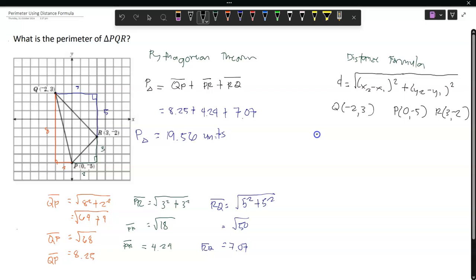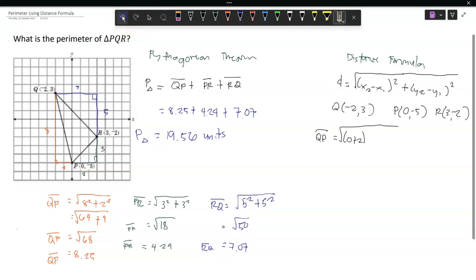So the distance QP is given by, I'm going to take 0 minus 2, squared. Maybe you're asking why I have 0 minus 2?